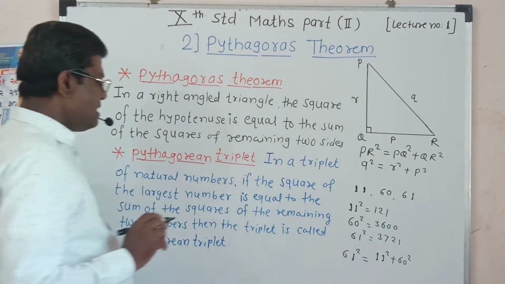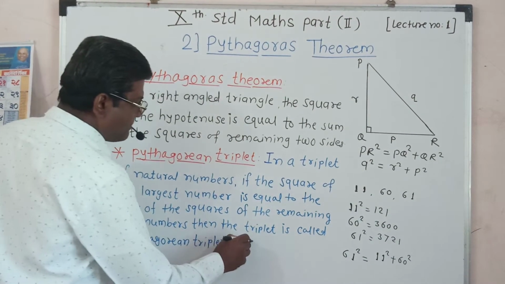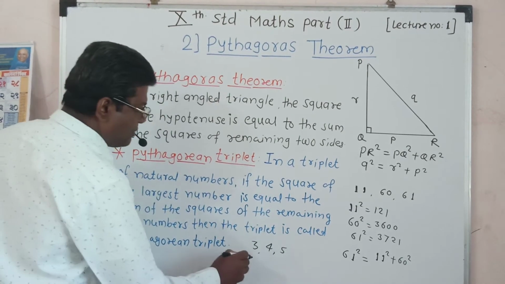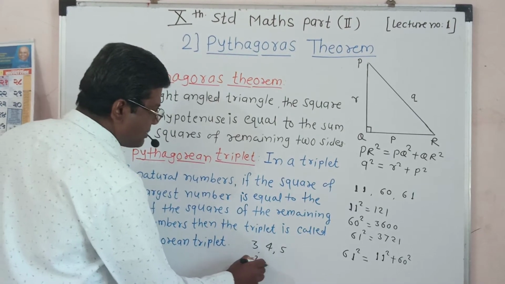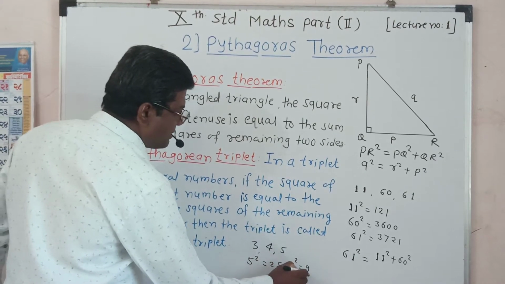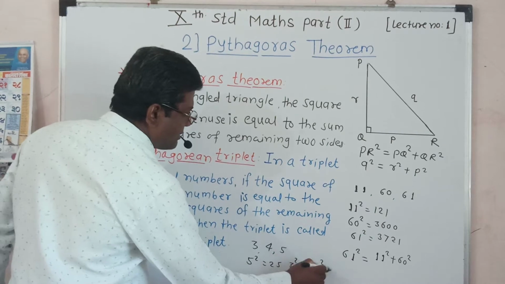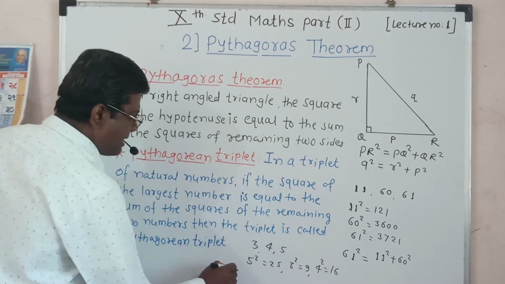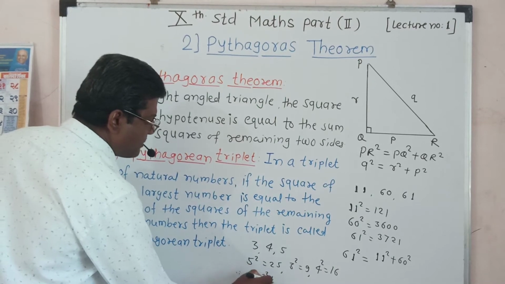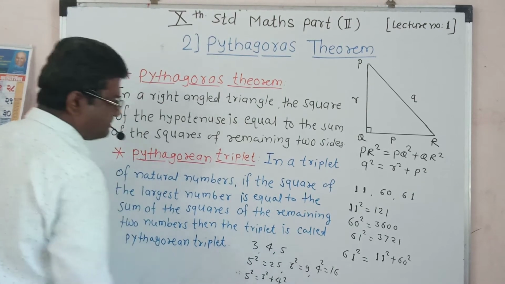Now consider one another example, for example 3, 4 and 5. Here we have 5 square is equal to 25, 3 square is equal to 9 and 4 square is equal to 16. Here also 5 square is equal to 3 square plus 4 square.